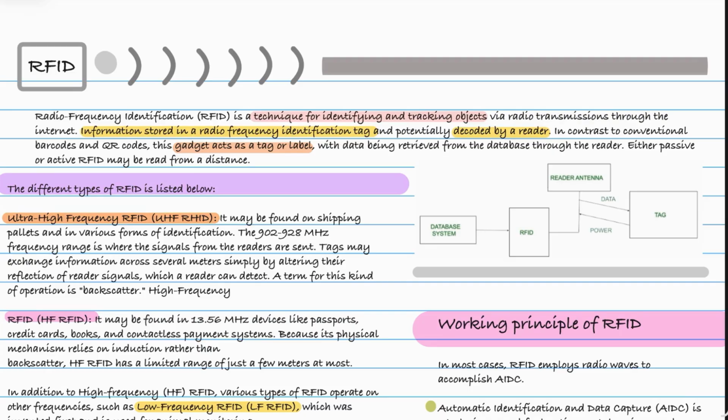It is a wireless technique of identifying and tracking objects using radio waves, right? So we are using radio wave transmission to identify, track and capture data from objects automatically, even if they are buried inside a shipping box, even if they are inside your leather wallet. It doesn't matter, right?